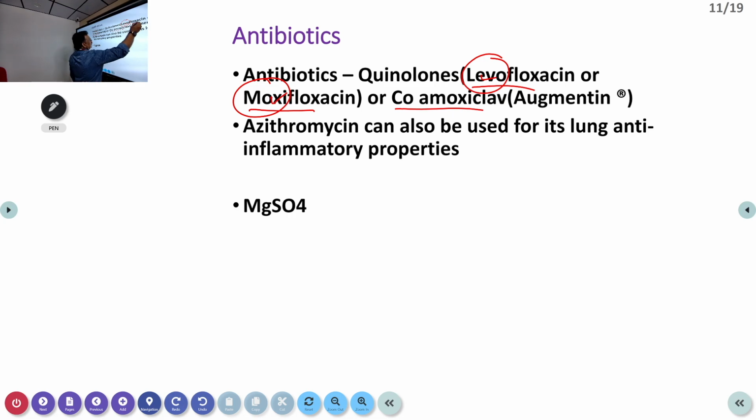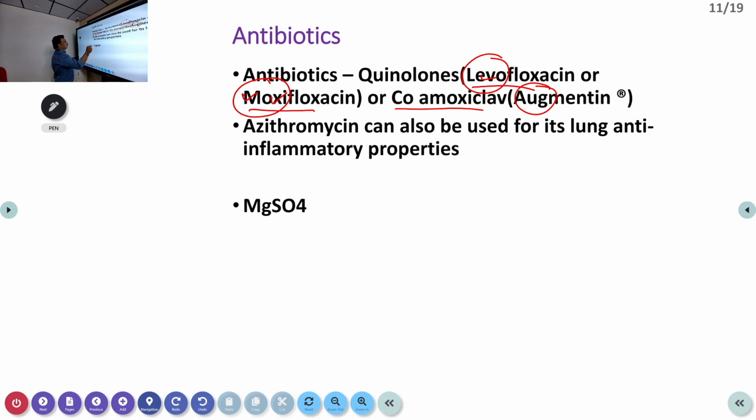Augmentin is a very good drug in respiratory infection in COPD. But if you read the standard Western textbooks, they always prefer to give moxifloxacin. But in the Indian context, we have to remember that TB is very common. So we can avoid this drug, provided we take a detailed history and rule out tuberculosis. Then only we can give this type of drugs.